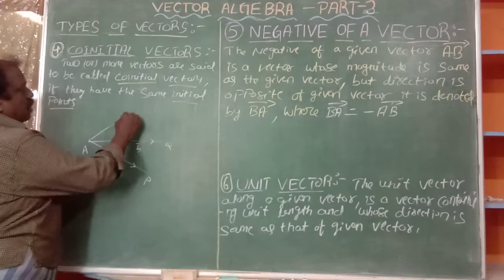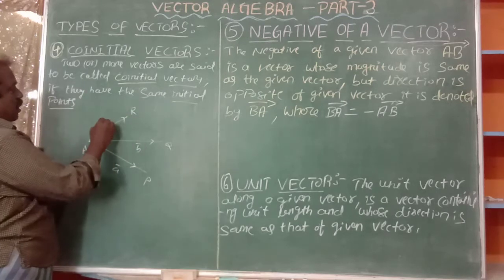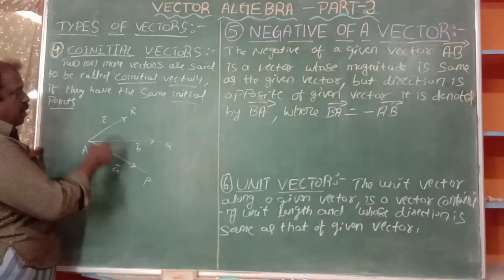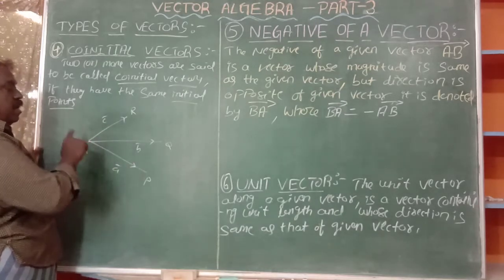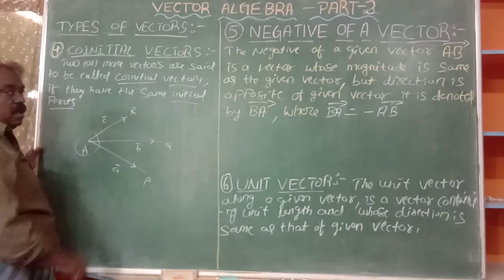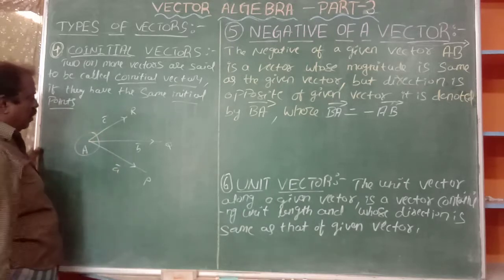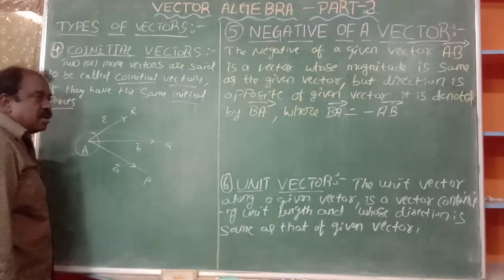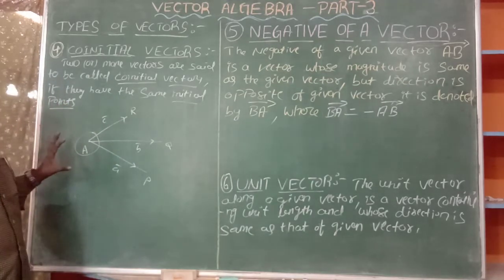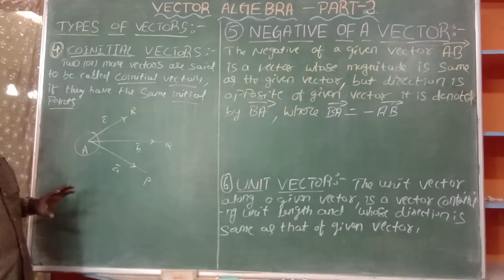And AR bar is C bar. Okay? A bar, B bar, C bar. Or otherwise, AB bar, AQ bar, AR bar, having the same initial point. So, they are called co-initial vectors. Very simple. Having the same initial point.